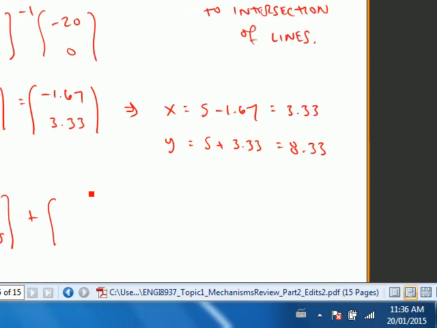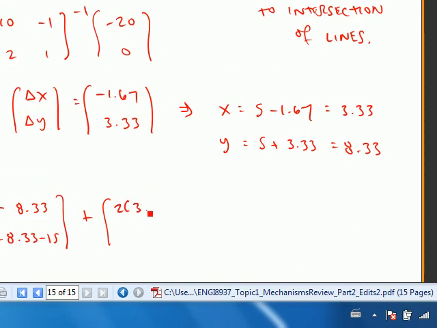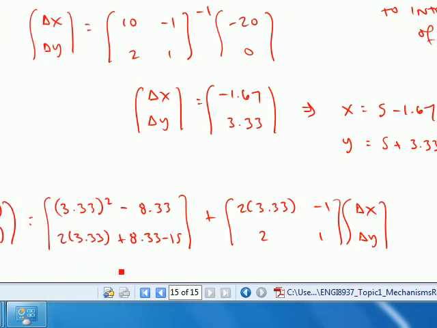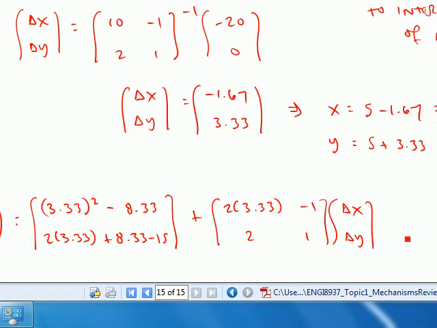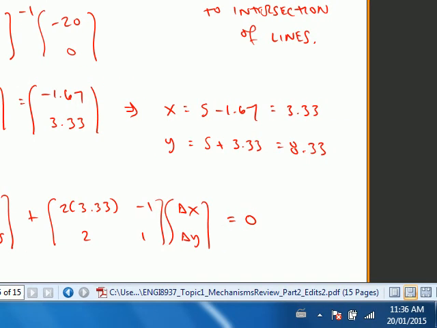So my Jacobian matrix at this step is going to be 2 times my new value of x, minus 1, 2, 1, times delta x and delta y. And the goal is to find a new delta x and delta y that drives this to 0.